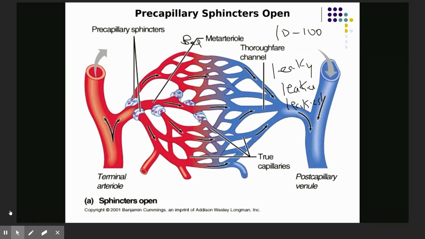All of them leak fluid. As the blood moves through here, it pushes against the wall of the capillary, and fluid comes out.